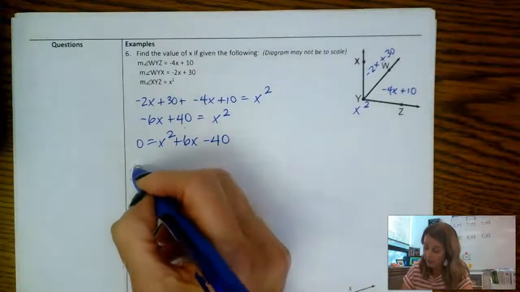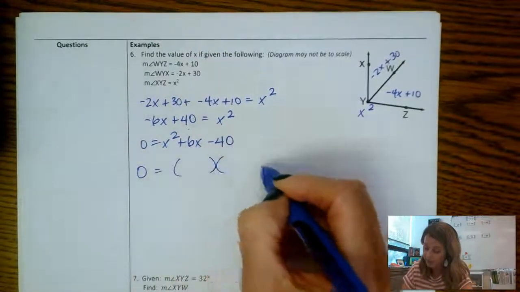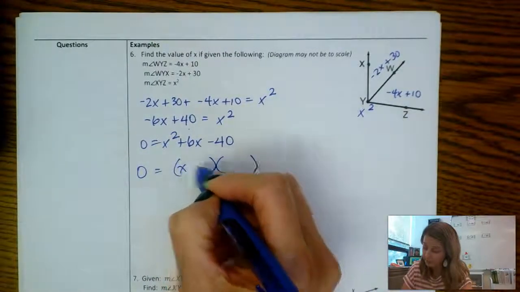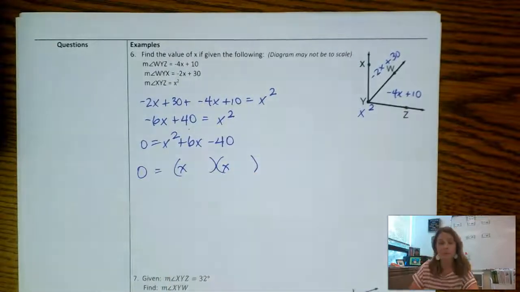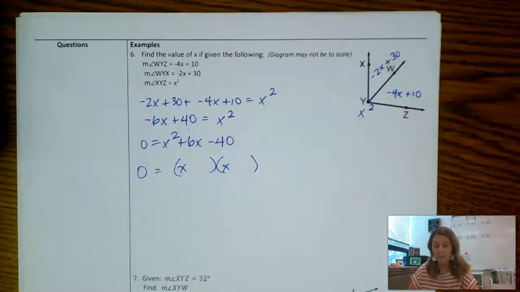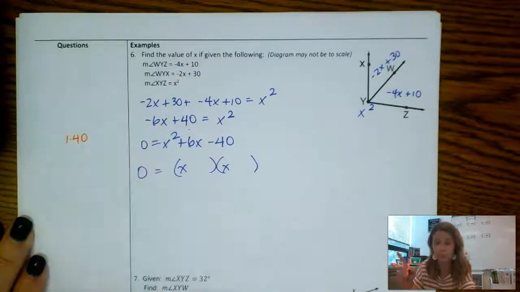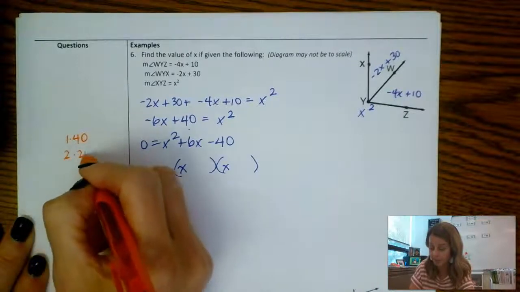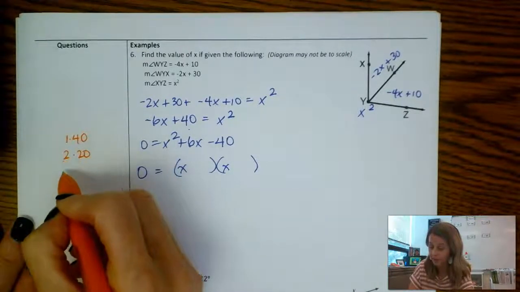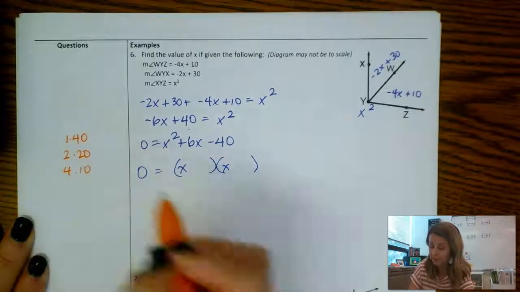Now let's factor. A value is 1, so I know it's got to be x times x. Now, factors of 40 that add or subtract to 6. 1 and 40 isn't going to be it. 2 times 20 is a no. 4 times 10.